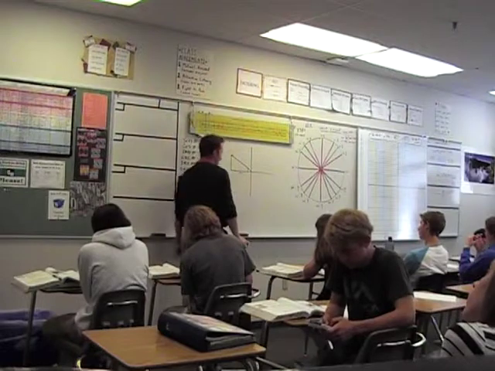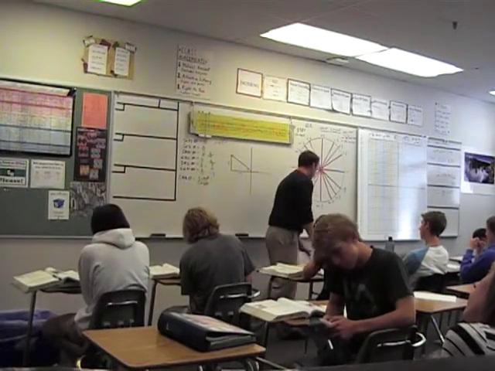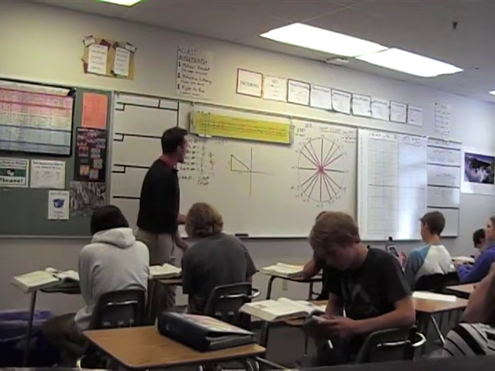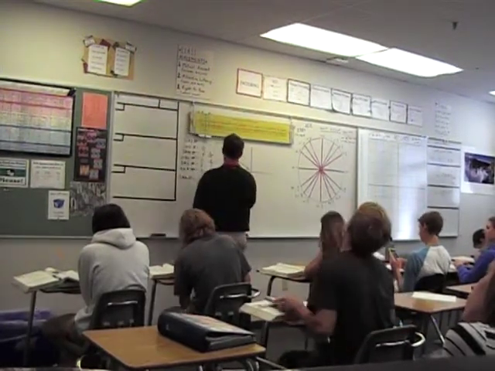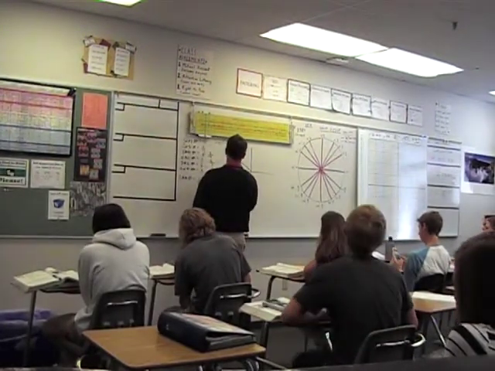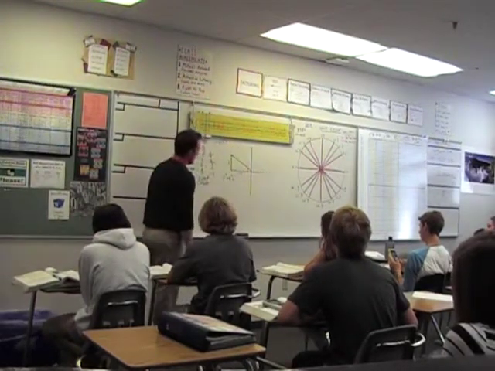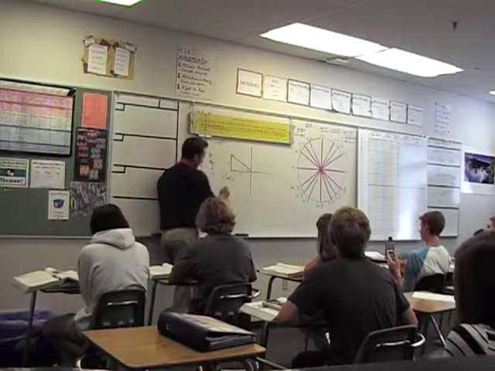How do we figure out the hypotenuse length? Pythagorean theorem. So negative 15 squared plus 8 squared equals something squared. Shouldn't it be negative? I don't think it matters.